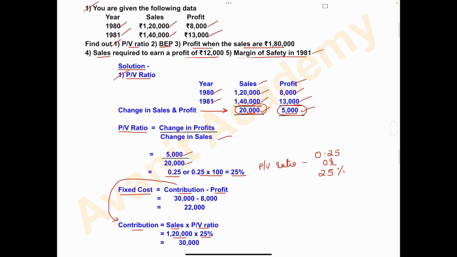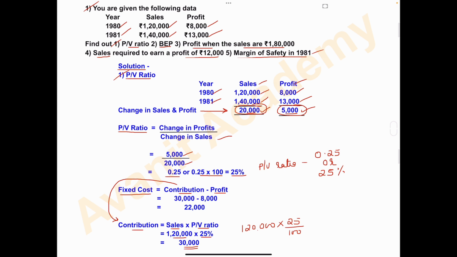If you take 25% or 0.25, you will get the same amount. 1,20,000 into 25%, that is 30,000. This is the contribution.